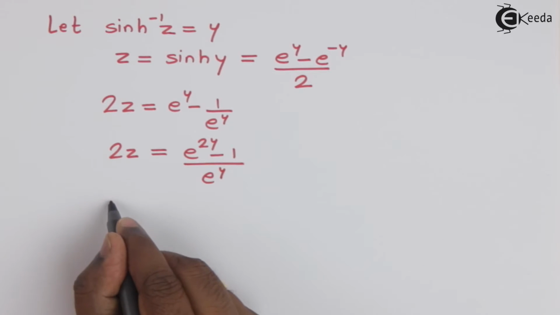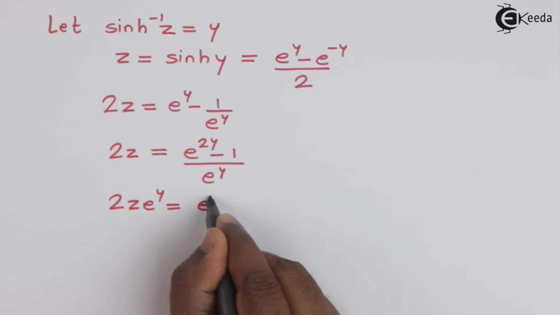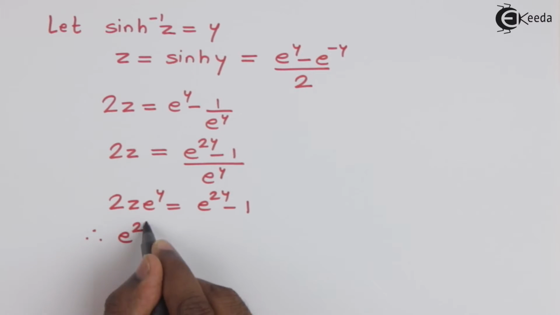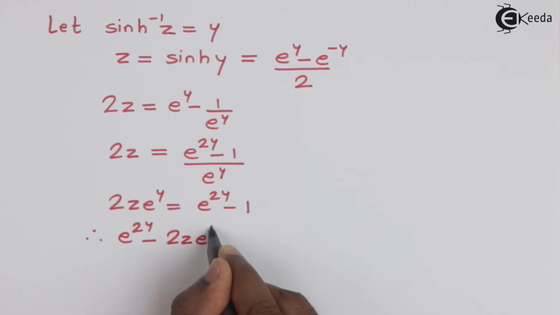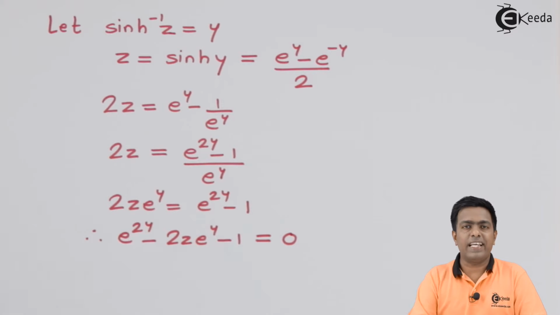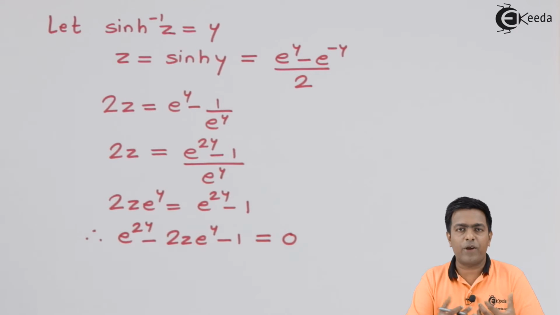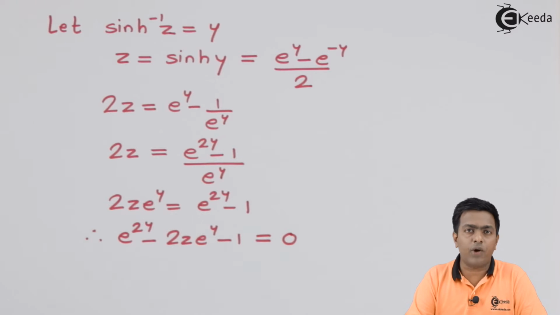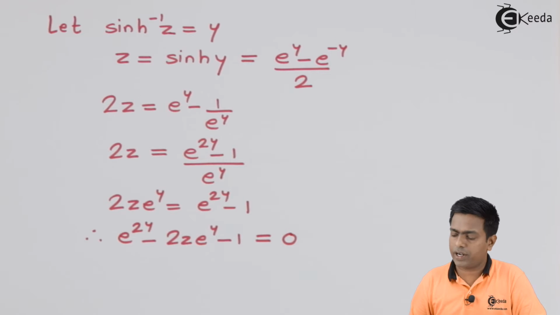So here we got a quadratic equation in e to the power y. We know the formula to find the roots of a quadratic equation, so I'll find the roots of this quadratic equation.